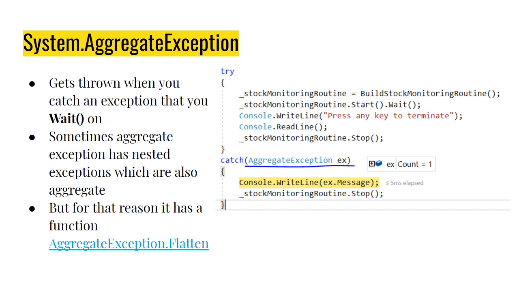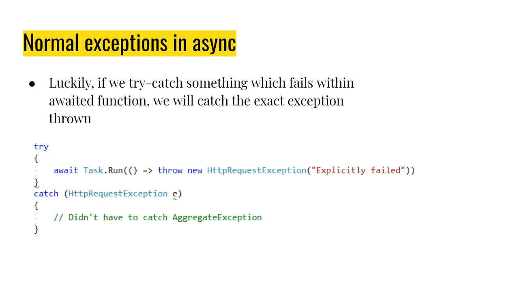So an aggregate exception can have other aggregate exceptions. To have just a single list of exceptions, you can call the Flatten method of the aggregate exception, and it will return a single list of those exceptions. So if I await, I catch a normal exception. There is no magic here.